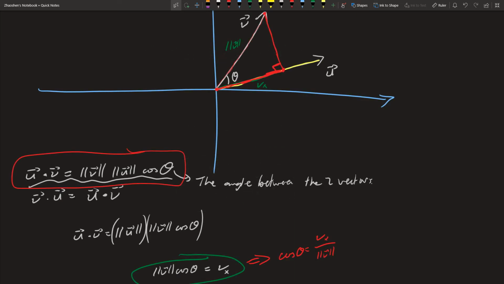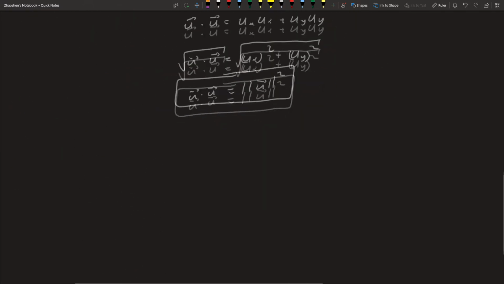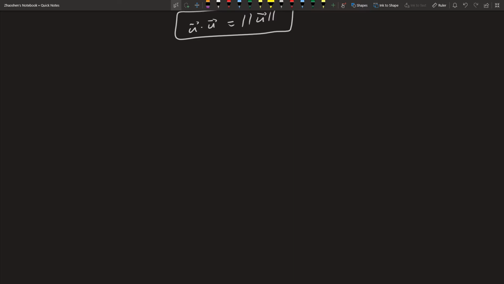Okay, let's start proving this formula. Remember, I think in grade 10, we learned the cosine rule or the law of cosines, right? It states that if you have a triangle, the sides are A, B, and C, and this one is angle B, this is angle C, this is angle A, right?